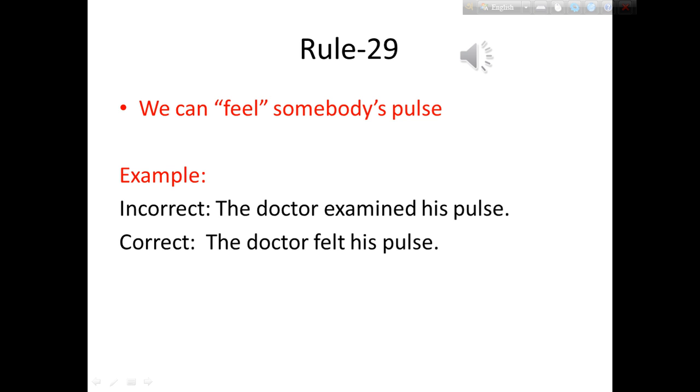Rule 29. It is about a simple thing, that is we can feel somebody's pulse. So whenever the sentence talks about the pulse of somebody, we have to use the word feel. Let's see the example. The given sentence is: the doctor examined his pulse. According to the rules, we can only feel somebody's pulse.